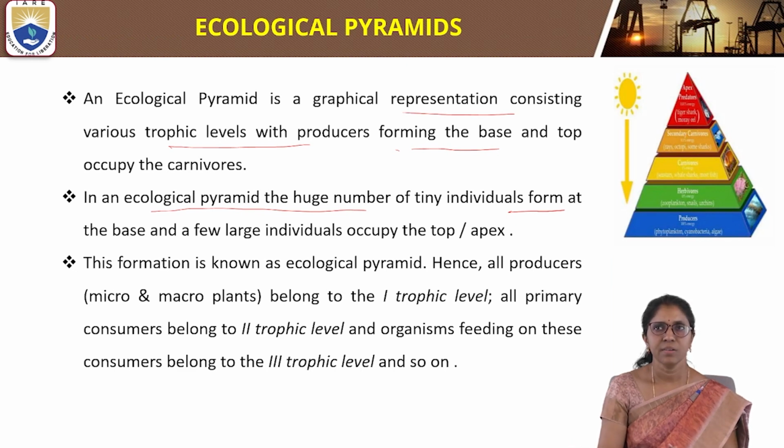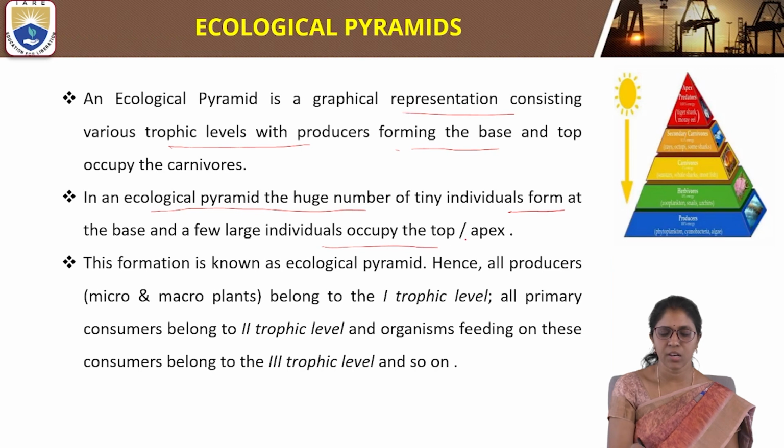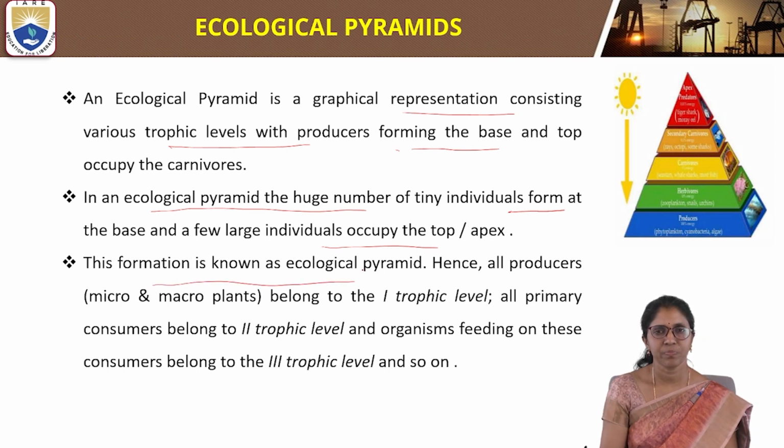The large number of small individuals occupy the base position, while a few large individuals occupy the top position in the pyramid. Thus this formation is known as an ecological pyramid.